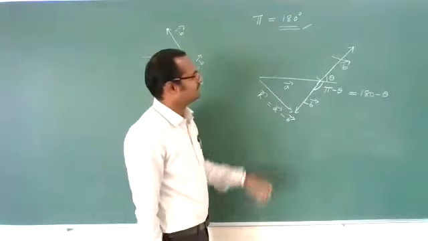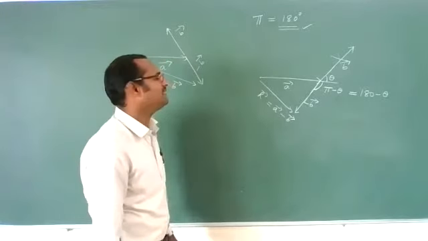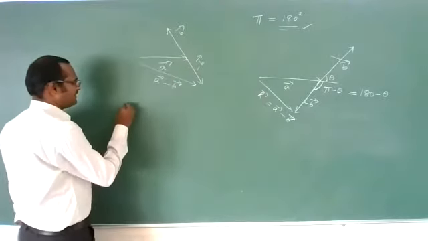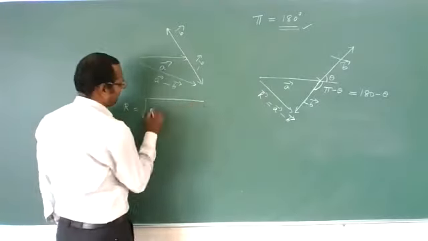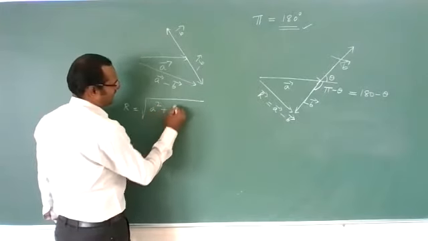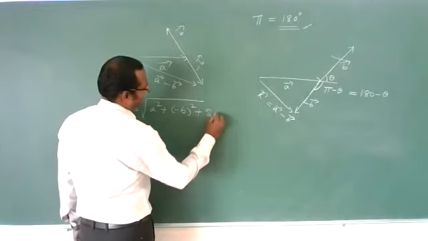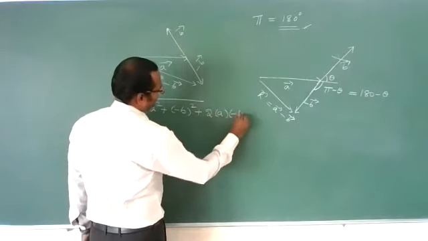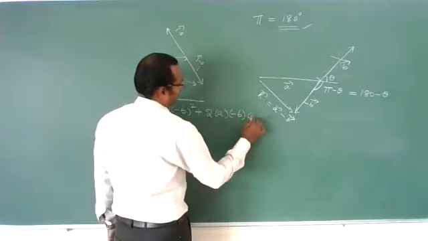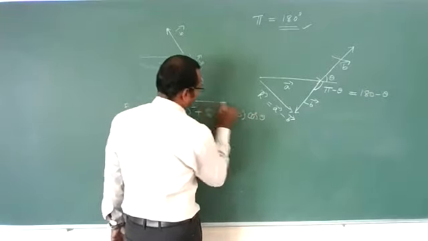Now we want this resultant. What is the formula? Resultant R is equal to root of first vector square plus second vector square plus 2 times first vector into second vector into cos of angle between them.